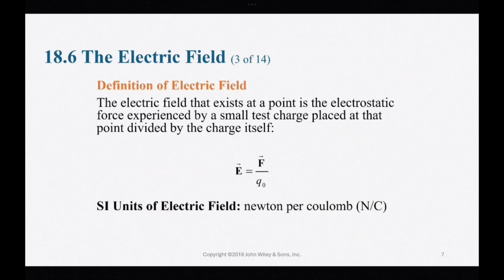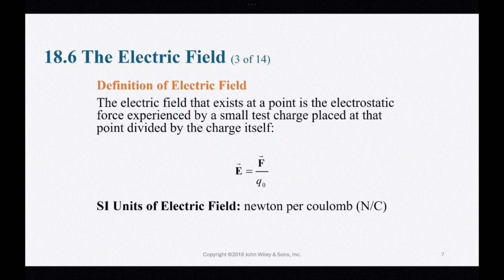Now, in the definition of the electric field, again, we are determining the electrostatic force at a certain point, experienced by a small test charge placed at that point, divided by the charge itself. Okay? So, definitely, we are referring to a certain point of the electric field.